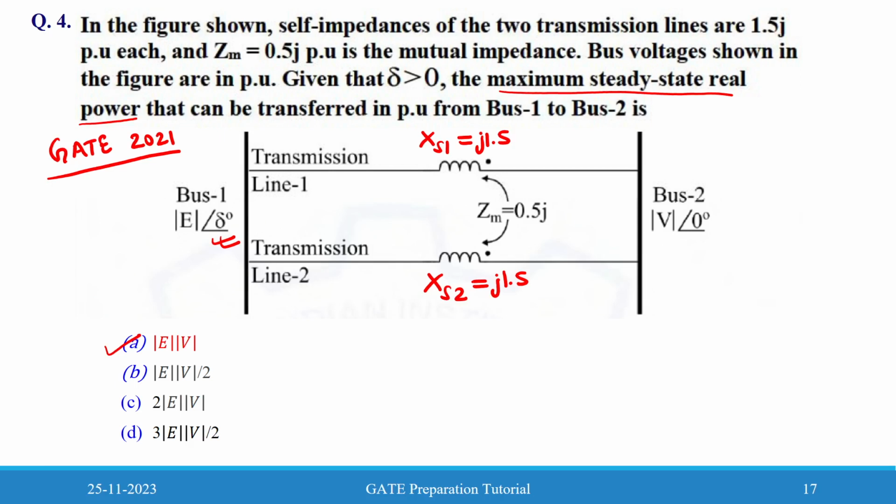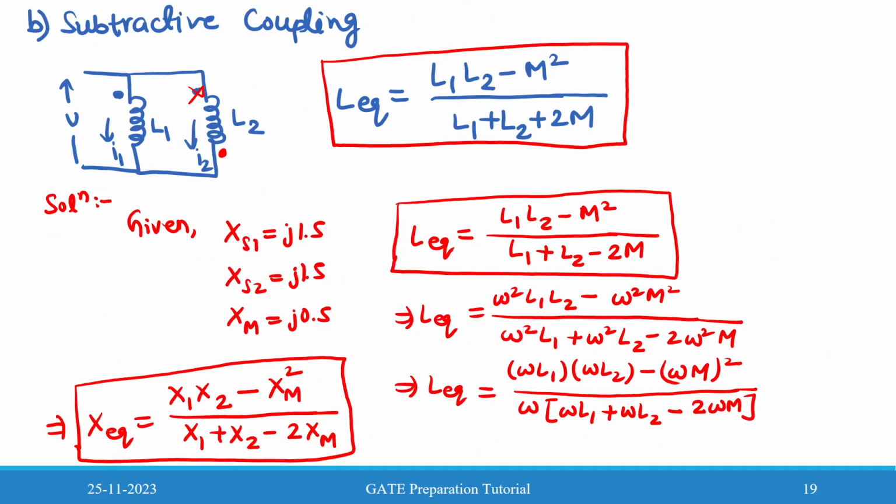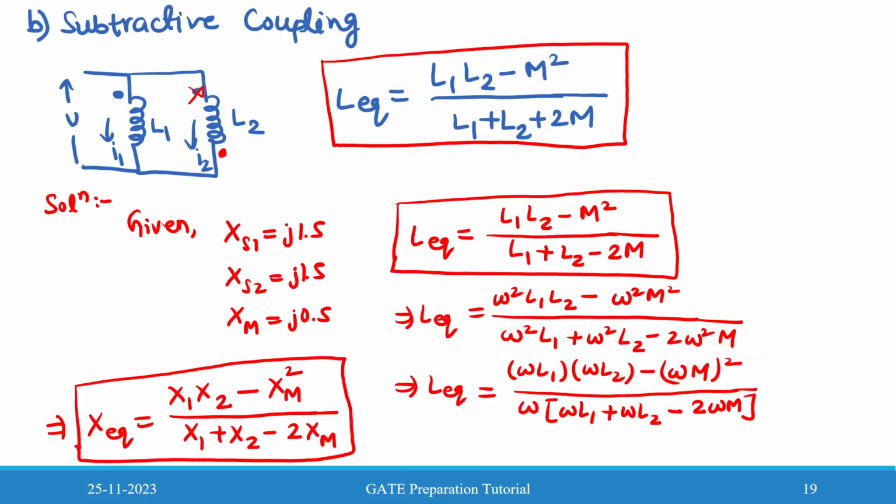So first we have to find the equivalent reactance of the line. I will just recap; you can go through series connection of inductors and parallel connection of inductors.